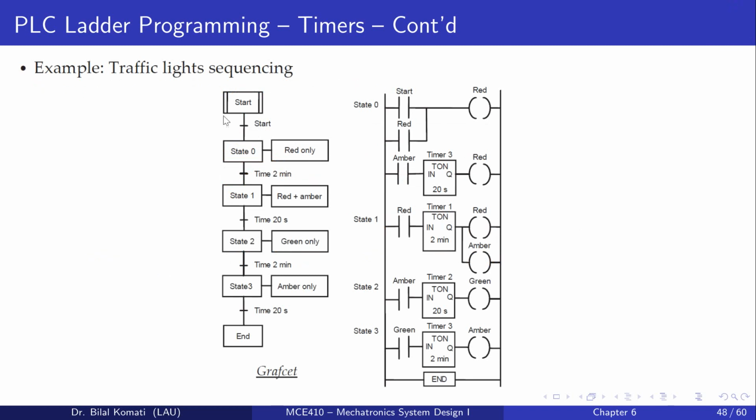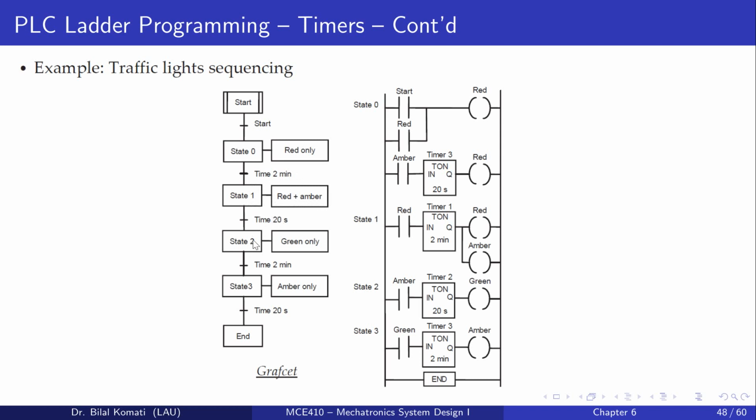Another example for using timers is traffic light sequencing. Once we start, we have state 0 where only red is turned on, and we wait, for example, 2 minutes. Then state 1, where red and amber are turned on simultaneously, and we wait 20 seconds.